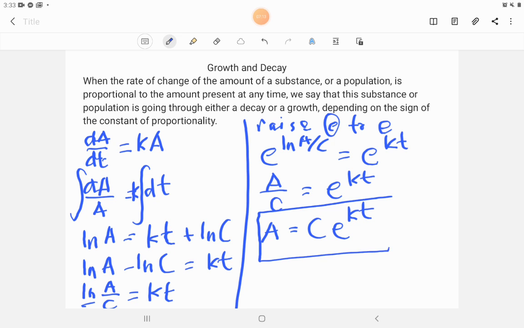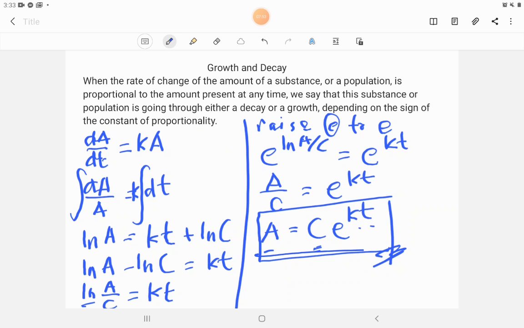So this is the equation we will use for problems relating to growth and decay. A equals c e to the kt, where A is the amount of substance at any given time t, k is the proportionality constant, t is the time, and c of course is a constant which we will be deriving when we derive the particular equation.